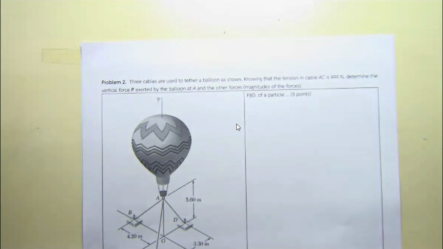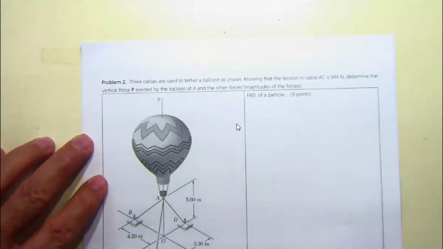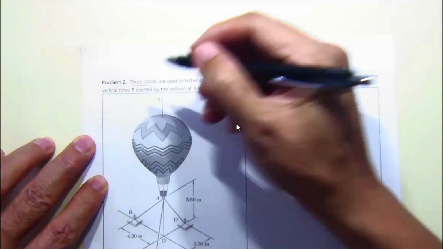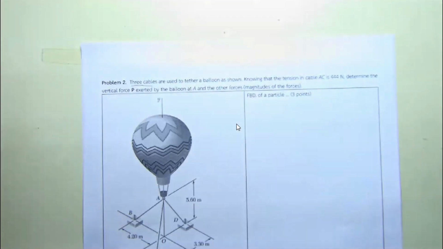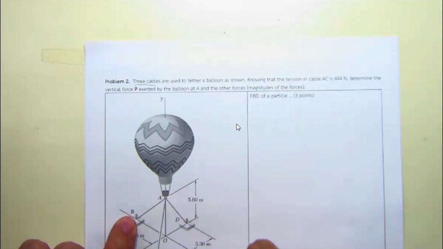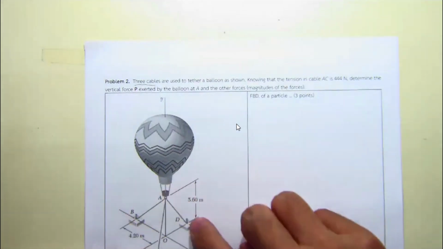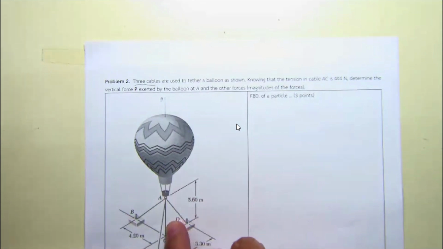Let's take a look at the balloon. The three cables: you may say cable AB, cable AC, and cable AD. Don't confuse with this one, this one is not a cable.